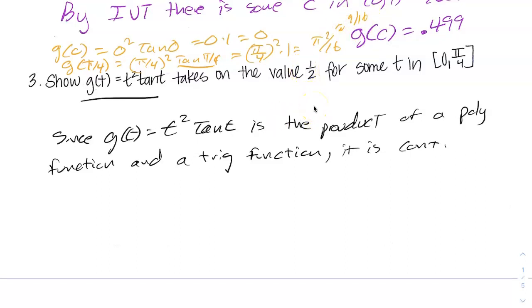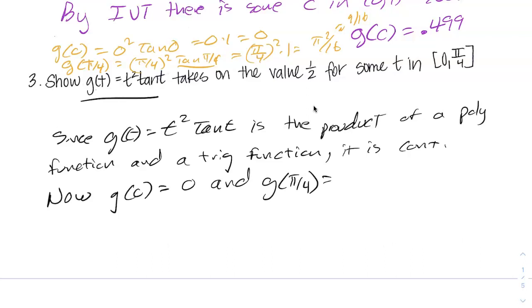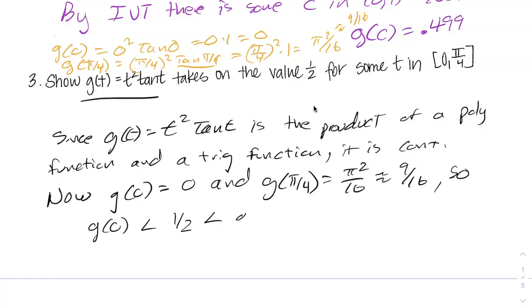We say now g of 0 equals 0 and g of pi over 4 equals pi squared over 16, which is about 9 over 16. So g of 0 is less than 1/2, and that's less than g of pi over 4.